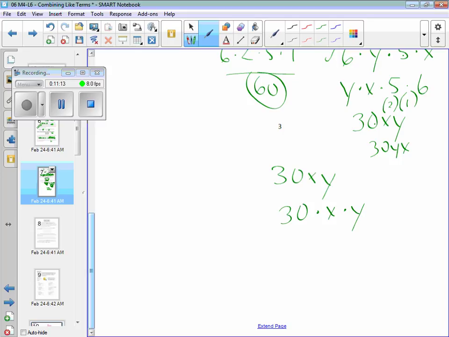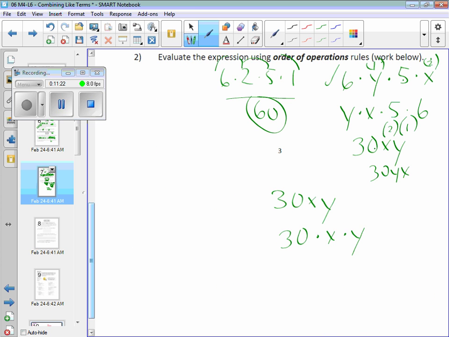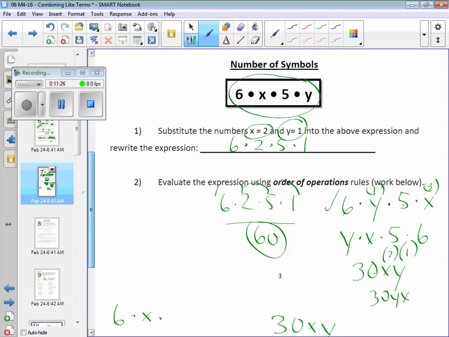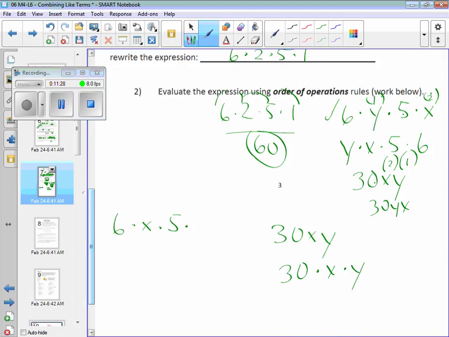All right, let me try to bridge the gap for you a little bit, if I can. We started out the original expression as 6 times x times 5 times y, right? Do I need the dots?